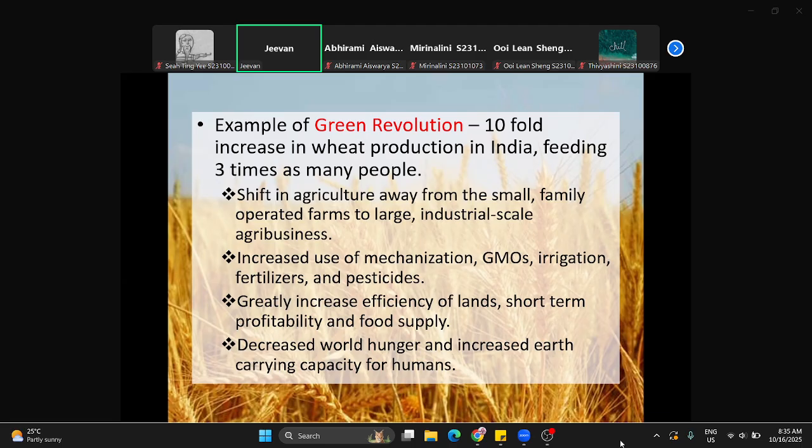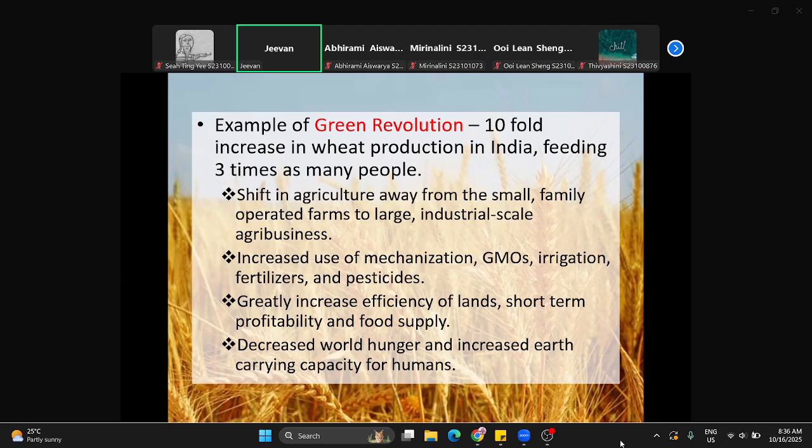And not only that, they can plan what to grow to meet the market demand, so that they can produce food or materials in large quantity and export them to a larger market. So these are some of the techniques or methods that the government implemented.